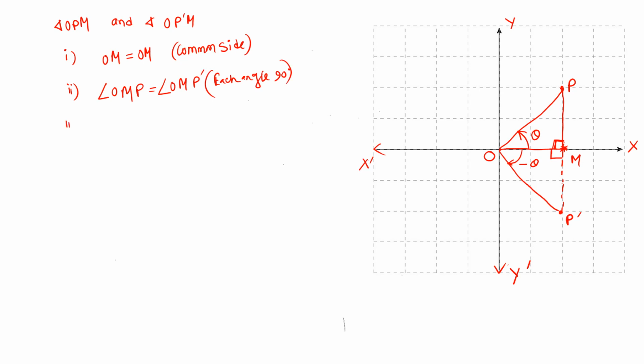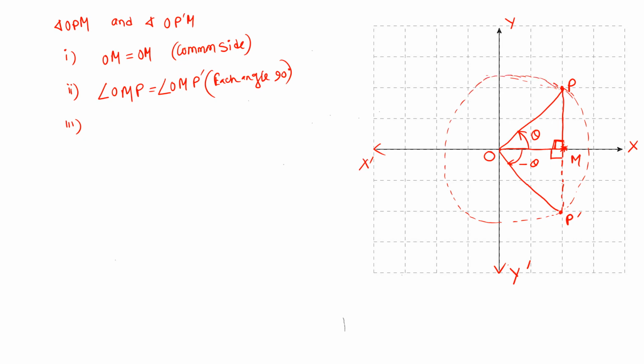Now the last one, this one is moving like this. So if we draw one circle, it is possible. The circle will come like this, passing through these two points.